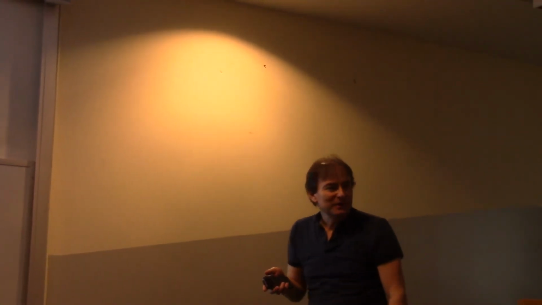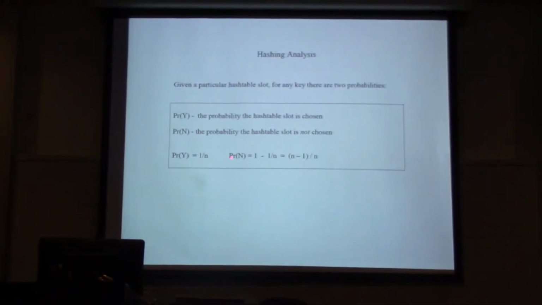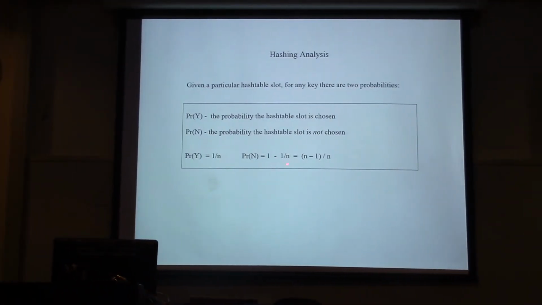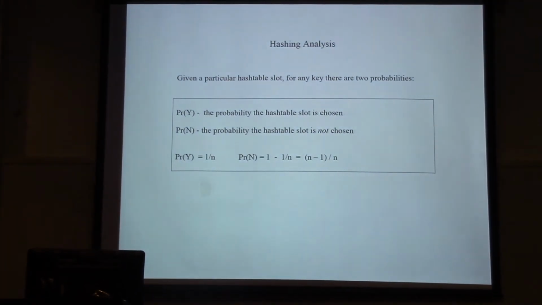So therefore, if we assume equally likely probability and a best possible hashing function, the probability of y is 1 over n. And the probability of n is 1 minus that, which is n minus 1 over n. Right? So 1 over 100, 99 over 100. 1 over a million, 999,999 over a million.